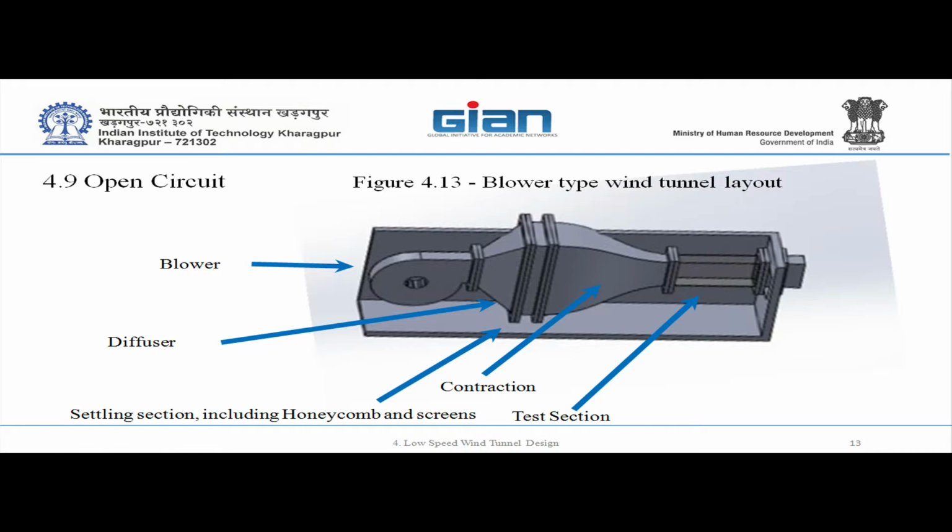So this is the jet power you have to supply, and this is the main consumer of energy in the open circuit. In comparison to the closed circuit, the consumer of power is what?